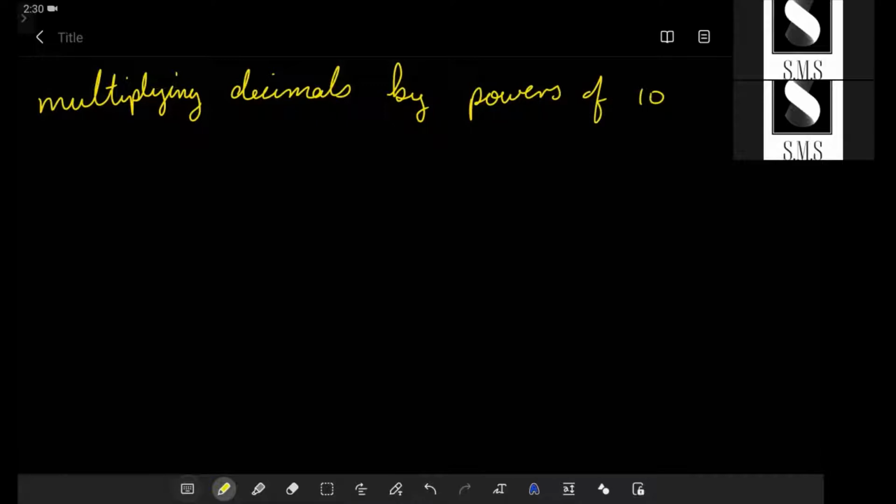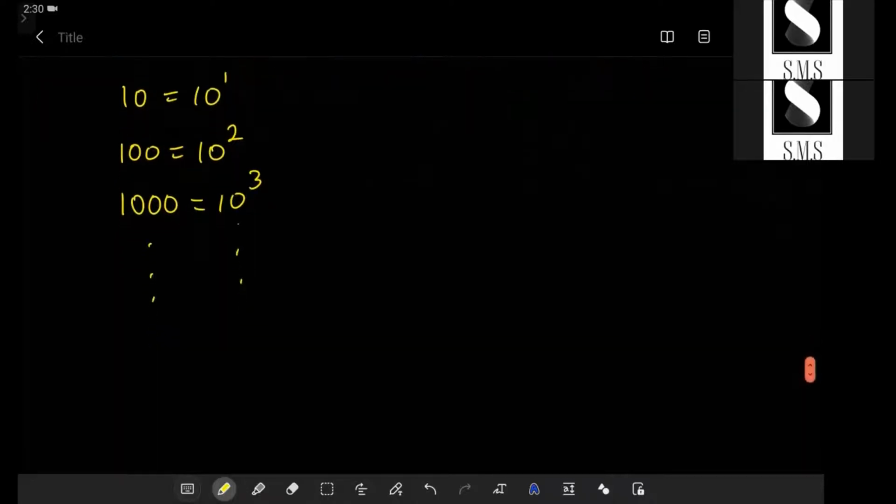Now, recall that 10 can be written as 10 to the first power. 100 could be written as 10 to the second power. 1,000 could be written as 10 to the third power, and so on. So 10,000 would be written as 10 to the fourth power, and so on.